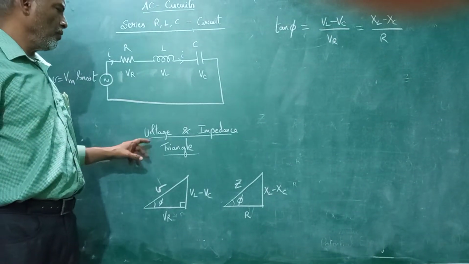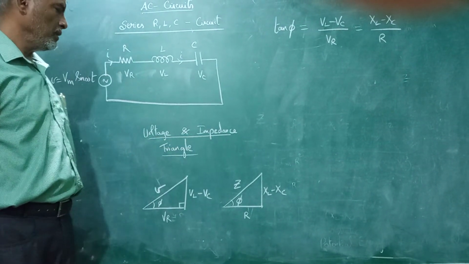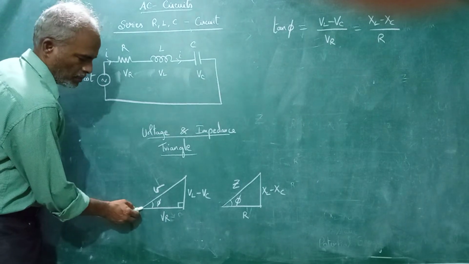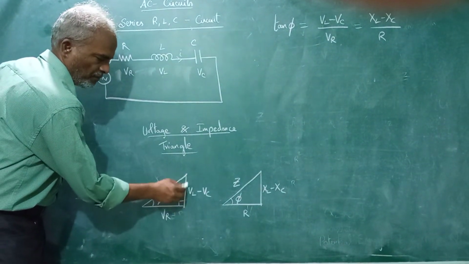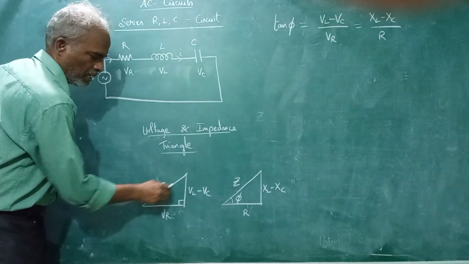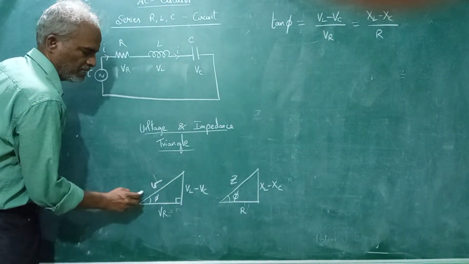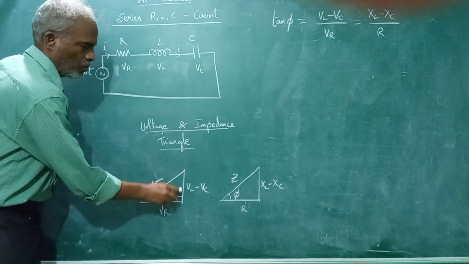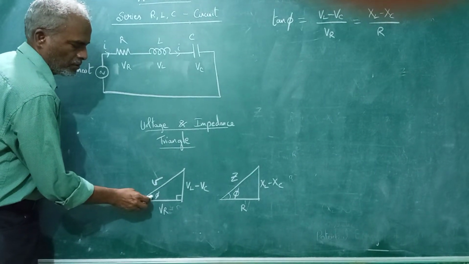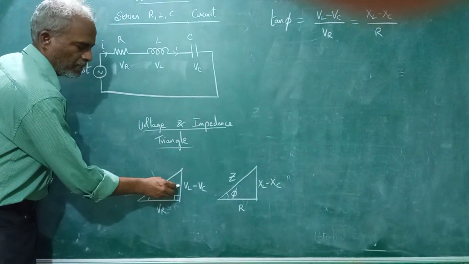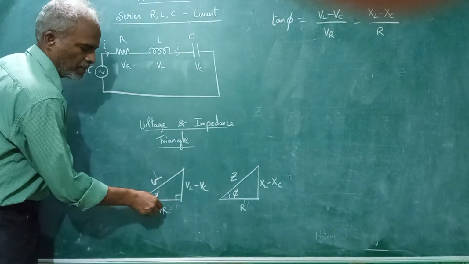Now we have the voltage and impedance triangles. We have seen VR, VL minus VC, and the hypotenuse is V. The angle is phi. This is called the voltage triangle. So tan phi is the opposite side, VL minus VC, divided by VR.